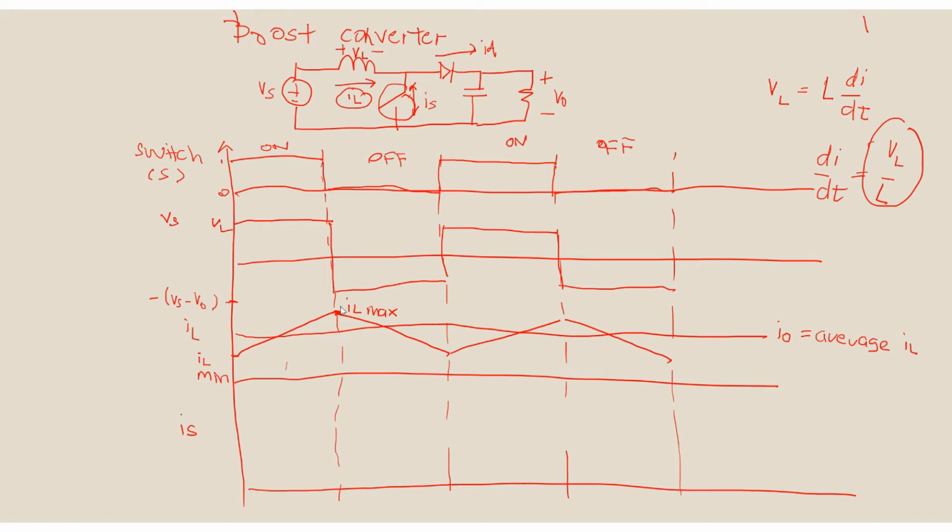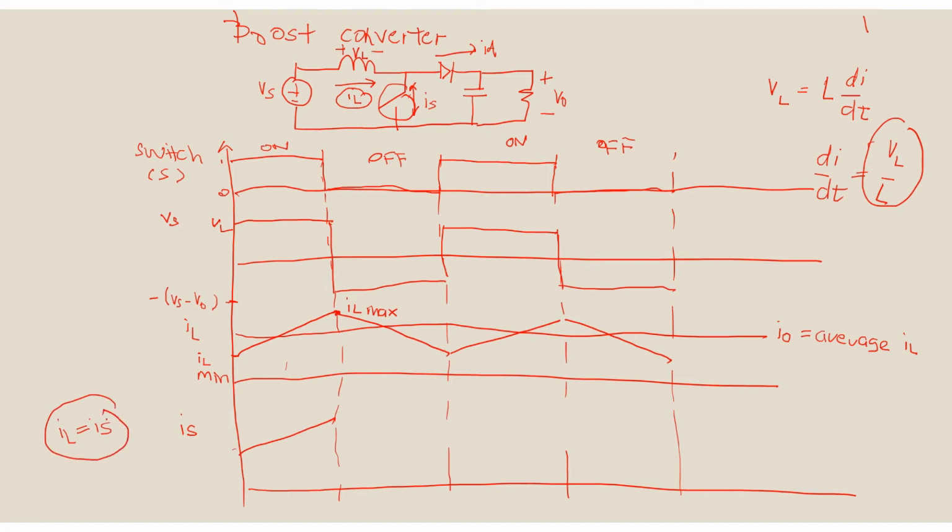If you see here at the circuit, IS, when the switch is on, the switch becomes a short circuit, which means that IL at this time is the same as IS.